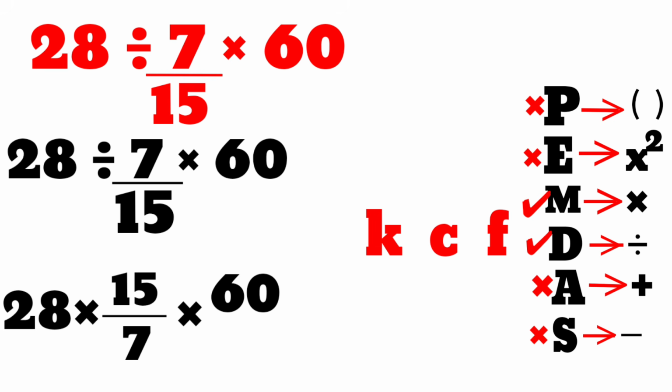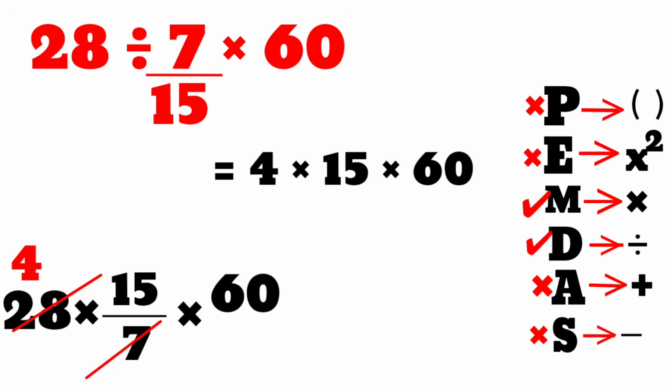Cut the numbers like this. 7 times 4 is 28. Numerator multiplication is equal to 4 times 15 times 60. 15 and 4 multiplied, we get answer 60.